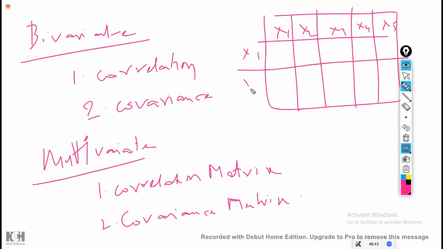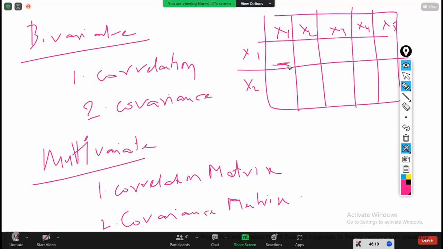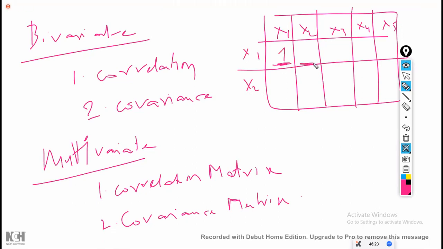Okay. This one is the correlation between x1 versus x1, I told you. Now, what is this one? Correlation between x1 versus x2. Now, what is this one? x2 versus x1. Both are the same. This one and this one are the same. The relation between 1 and 2 and 2 and 1 will be the same.